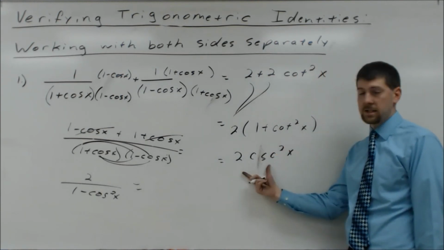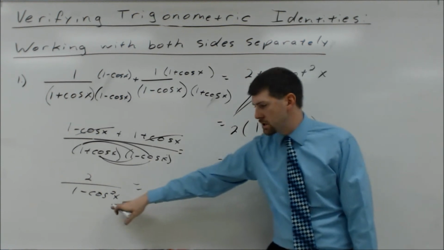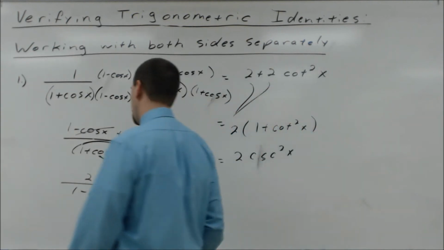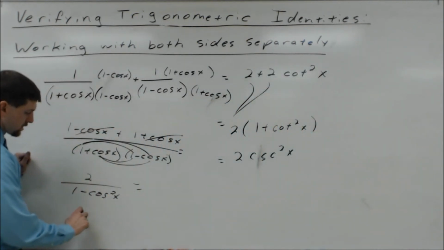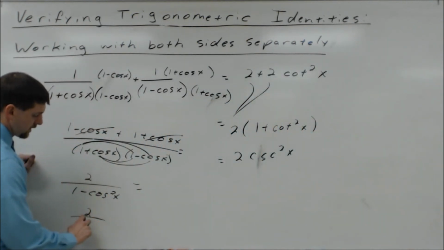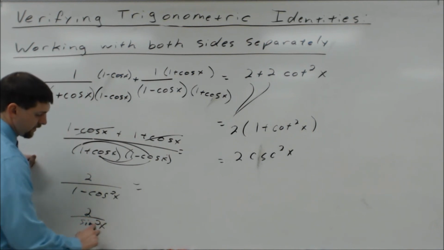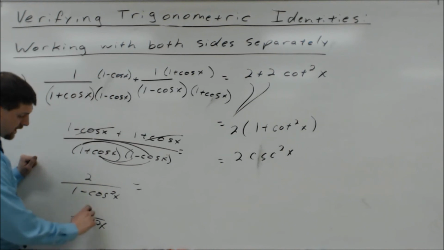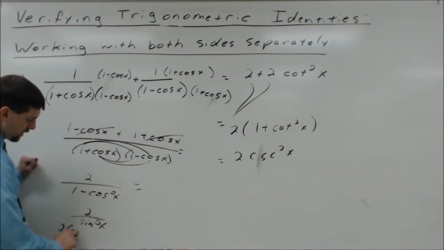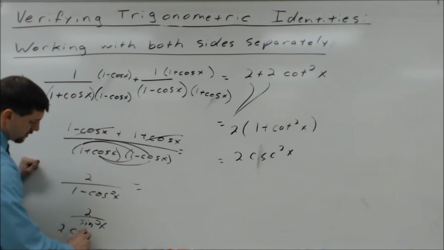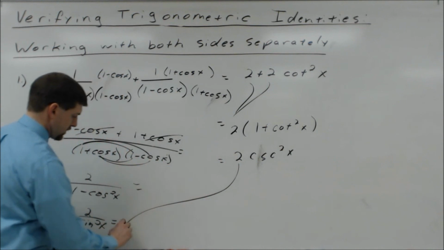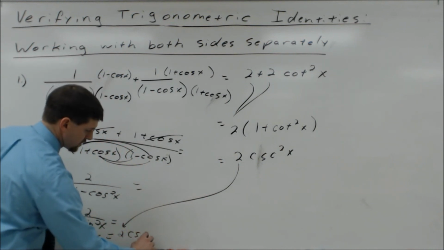So let's finish this off and see if I can get it to be 2 times cosecant squared. Well, 1 minus cosine squared, based on our Pythagorean identities, is sine squared of x. And we've already worked with this. Set the 2 off to the side, and 1 over sine squared is going to give me cosecant squared of x, which is equivalent to 2 cosecant squared of x.